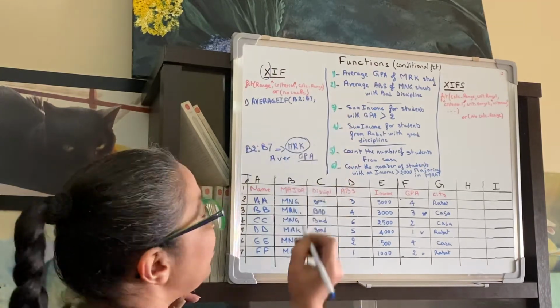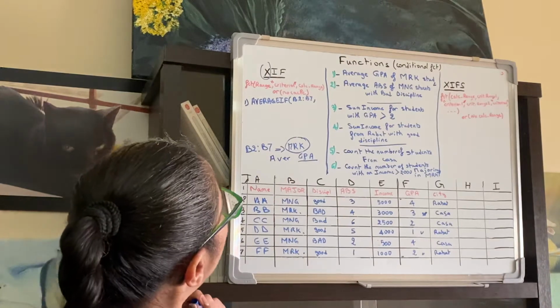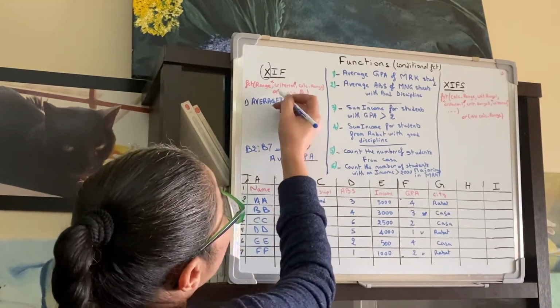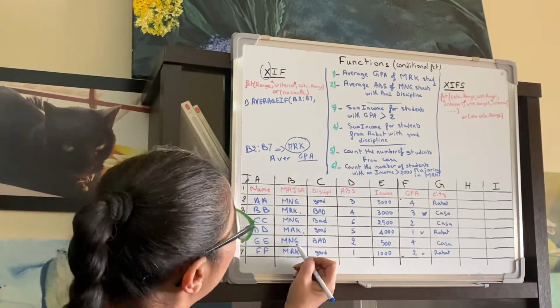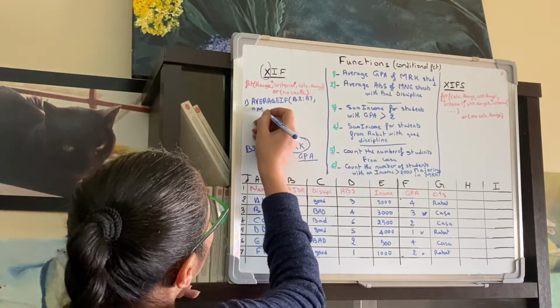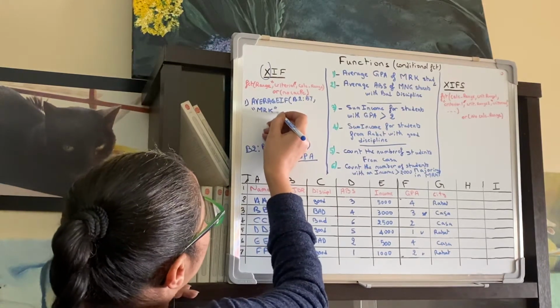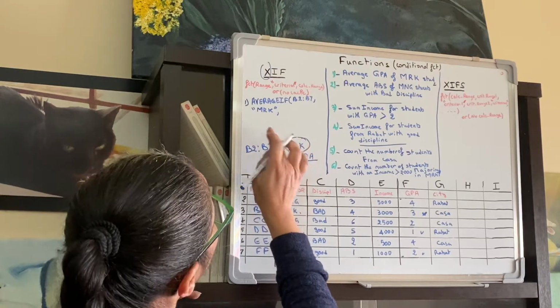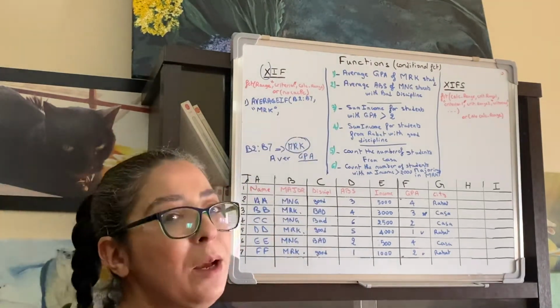Then comma to separate the arguments of the function. What is the criterion I'm looking for? I'm looking for marketing, okay? So I'm gonna open the quotes and write marketing exactly as written in the table. And then comma, range, criterion, and then what am I calculating?